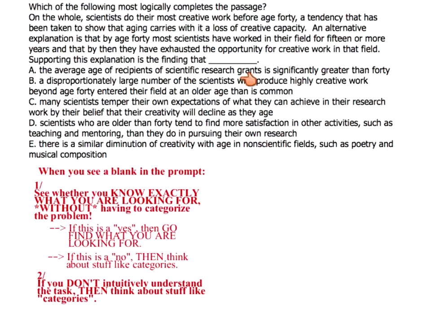So, same sort of thing, let's apply that to here. Scientists, on the whole, typically do their most creative work before they're 40. That means I don't have too much creativity left. How sad. A tendency that has been taken to show that aging carries with it a loss of creative capacity. So this means most scientists do their creative work when they are relatively young.